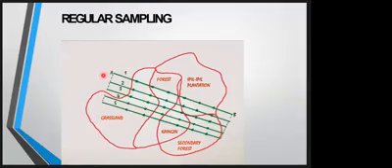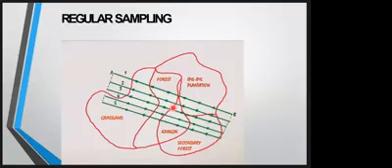Every member of the population is listed with a number, but instead of randomly generating numbers, individuals are chosen at regular intervals. So you don't choose 1, then 5, then 10. You can choose by 5s, like 5, 10, 15, or maybe by 20s: 20, 40, 60, 80, 100.